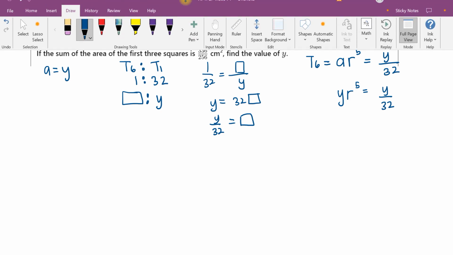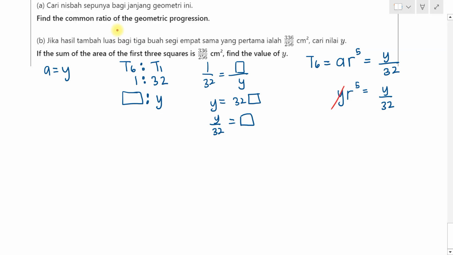So I can cancel the y here. It doesn't mean 0, it means 1. So r power 5 is equal to 1 over 32, so r is equal to the fifth root of 1 over 32. I can write 1 power 5 as 1 and 2 power 5 as 32.